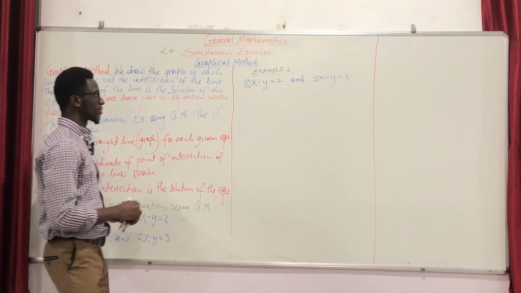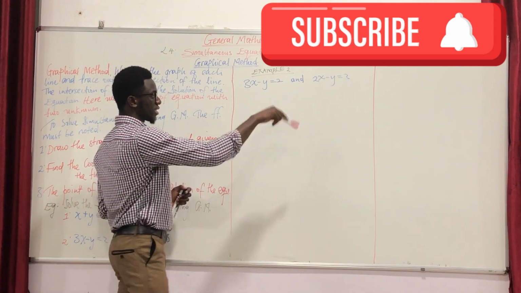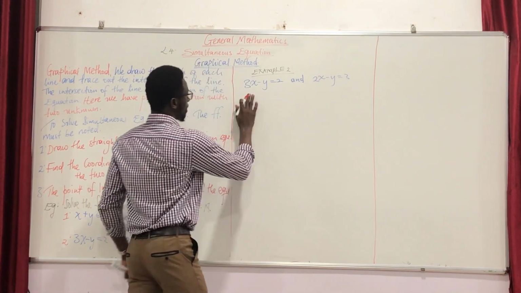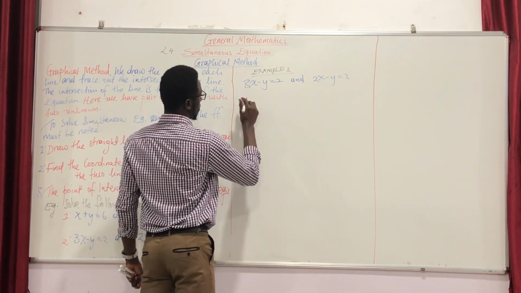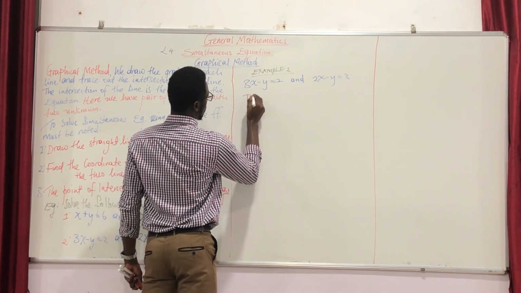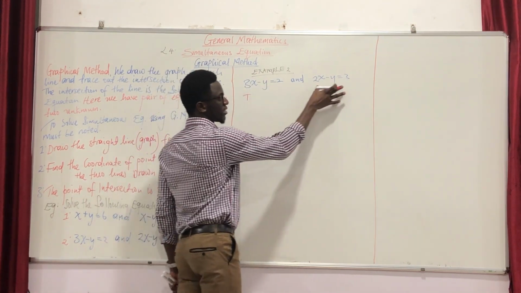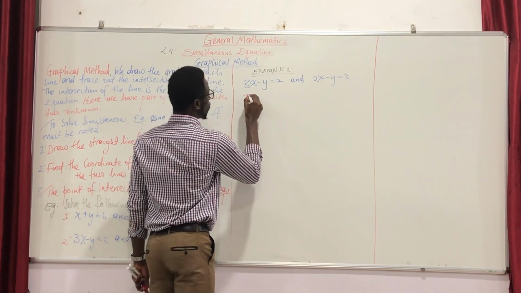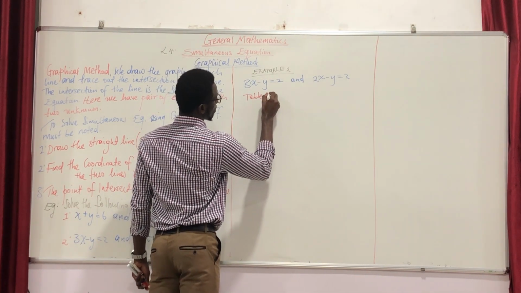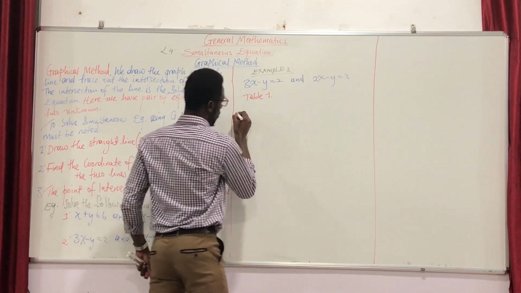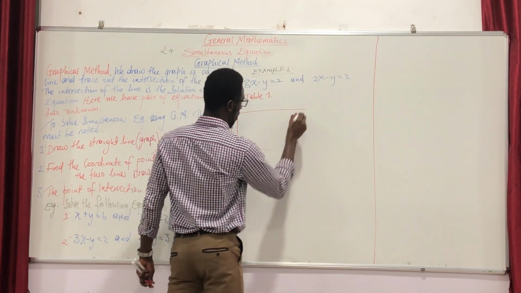So now let's see. If you can recall from the previous lesson, what we did first was make a table, right? So we use two tables for this one. This is table 1 and this is table 2. For table 1 we are going to have our x and y coordinates.